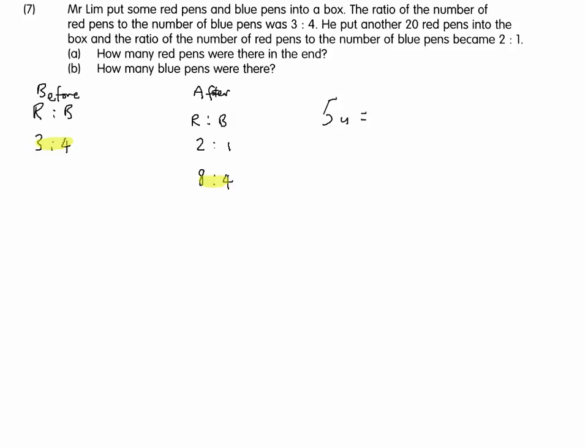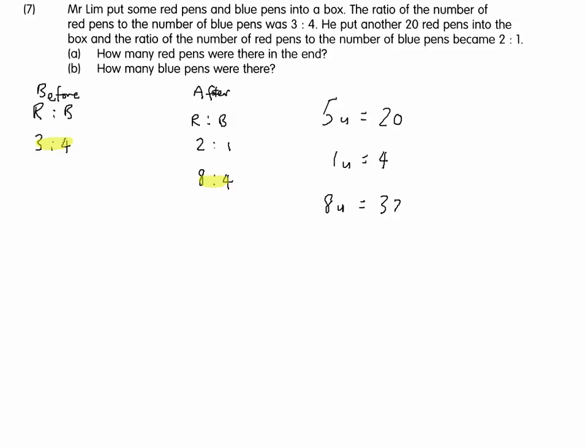So I know that 1 unit equals to 4. Now, how many red pens were there in the end? Red pens is how many units in the end? 8 units, right? So it will be 4 times 8, 32. So that's for part A.